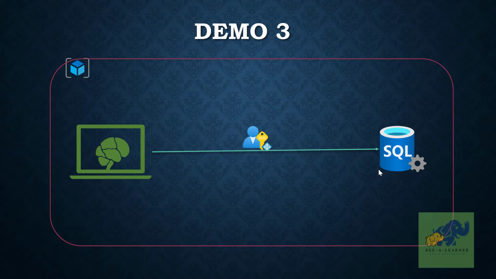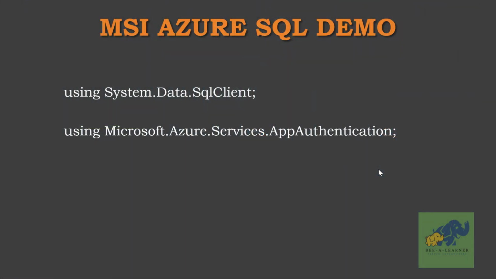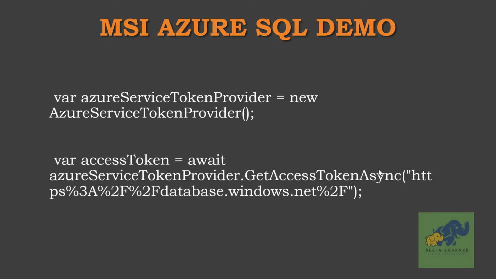For this demonstration, if you have the application code written in .NET, then you will need to use these two NuGet packages: System.Data.SqlClient and Microsoft.Azure.Services.AppAuthentication. These are the NuGet packages which we can use to connect to the SQL Server with MSI.